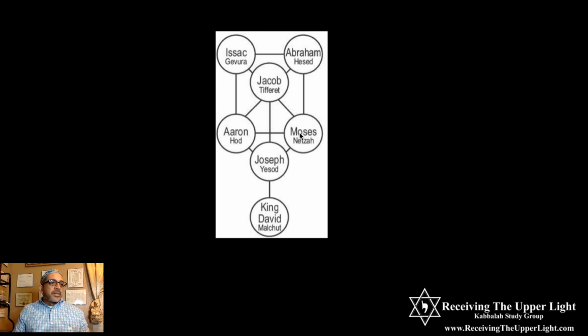So what we see is that we need to understand, like I said, this is related basically with when we mentioned the rainbow. When you read the parsha of Noah, the rainbow is the right line, and it's manifested through the patriarchs and the prophets.